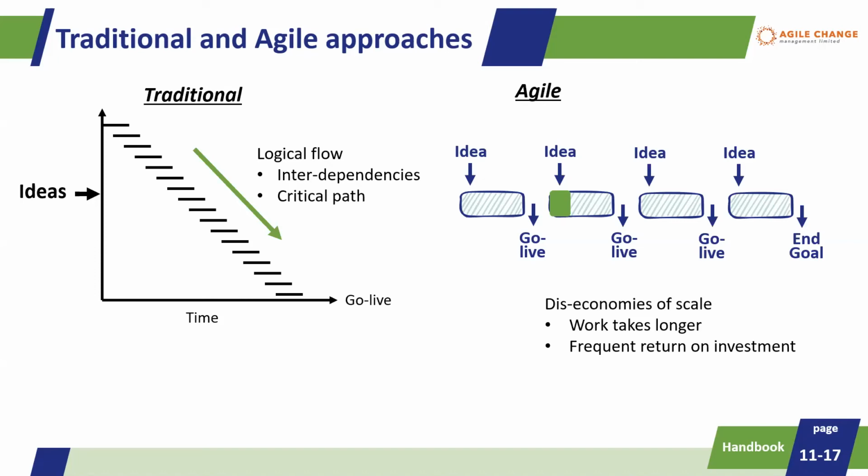So I'm having to take away some of the things I achieved in the first iteration, unpick all of those before I can start work on the second iteration. So that adds time, it adds effort. So there's a diseconomy of scale, if you like, in this agile approach that comes up time and again.